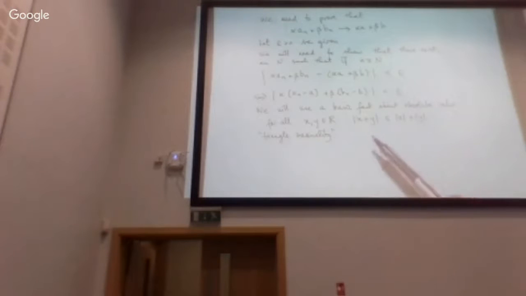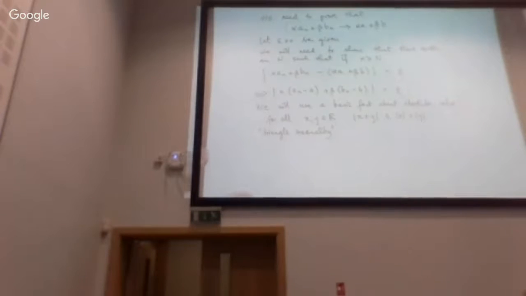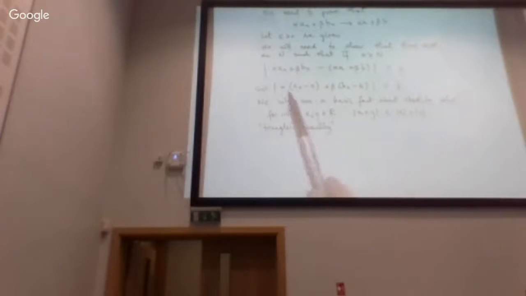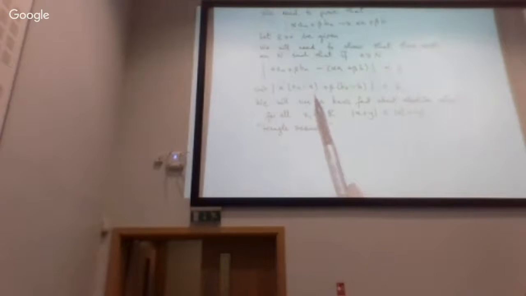It gives you a way to break down an absolute value in terms of the absolute value of the different parts. And you get something bigger. You see, I'm trying to make this absolute value small. You can see that it's made up of basically the difference between an and its limit and bn and its limit. But we know both of those sequences are convergent.